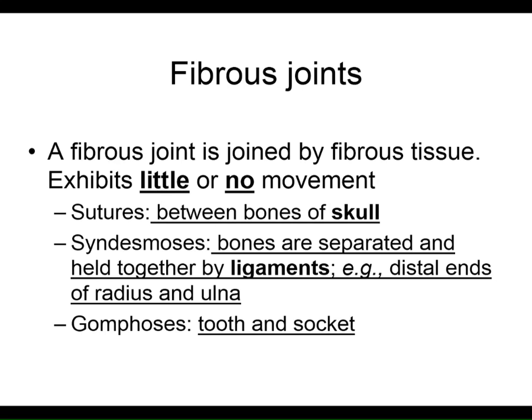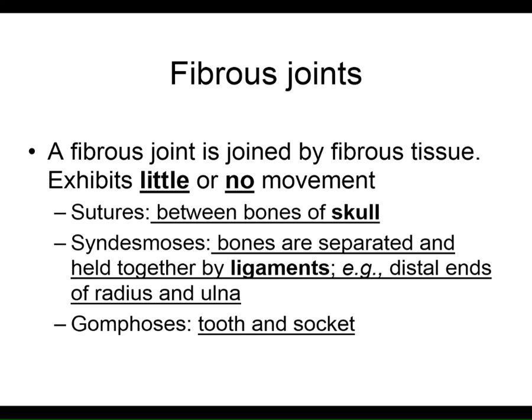Then there are what's called syndesmoses. Now, when you look at the skeleton in the lab, and you see the tibia sitting next to the fibula, you just kind of imagine these 2 bones are sitting there side by side. Or in your forearm, the ulna and the radius, right? They're not just hanging out side by side. They are attached to each other. Now, what attaches a bone to a bone? What kind of structure?